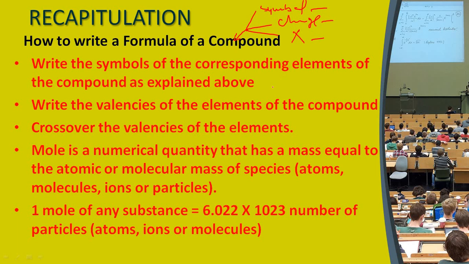Then we saw the mole, 1 mole is a numerical quantity that has a mass equal to the atomic mass or molecular mass of a species. So 1 mole is a constant value, it is also called Avogadro number. It is 6.02 into 10 to the power 23 number of particles. So this is all about part three of atoms and molecules.